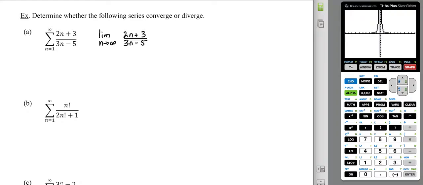Basically you're looking to see if it's equal to 0, because if it's equal to 0, that's the inconclusive case. If it's something other than 0, then you're probably looking at something that diverges.